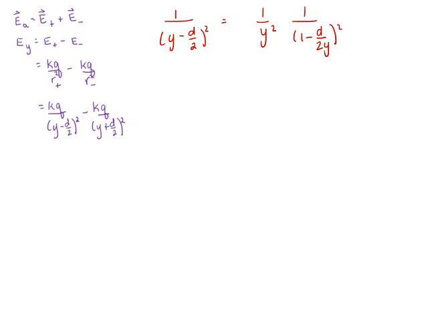That was the first thing we sorted out. Then we looked at this bit in particular, and what we found about that bit was that 1 over 1 minus d over 2y all squared is equal to approximately 1 plus d over y.